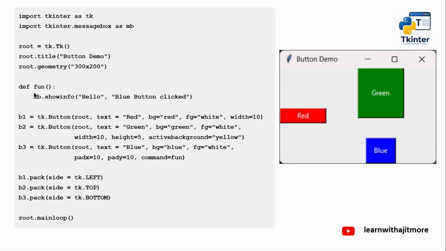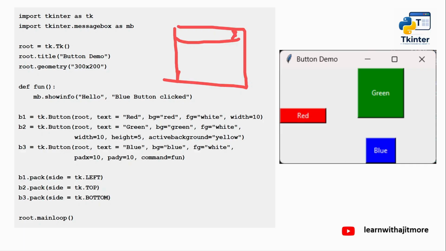Okay. Then I've written one function. And that function will get called whenever I click on the button. So whenever I click on the button, this function should get called. And what action is that function performing? It just displays one dialog box. One dialog box will come like this.